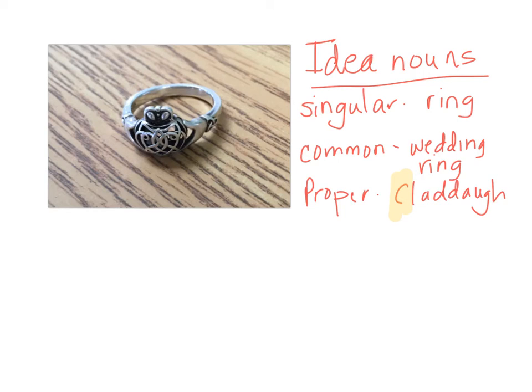So then I need to think about, okay, is this particular picture concrete or abstract? I'm going to go back to singular and plural in just a minute. So this is a picture of a ring. However, it is an abstract, oops, change colors.